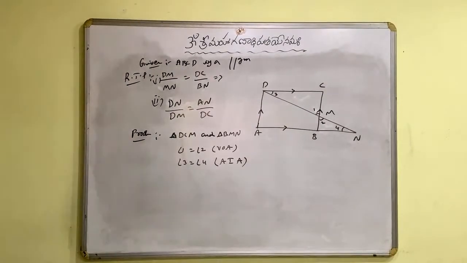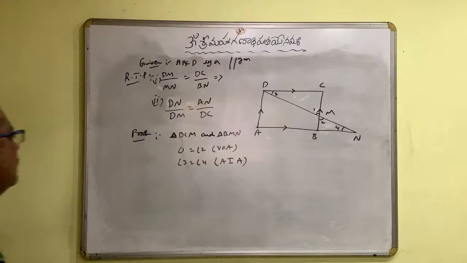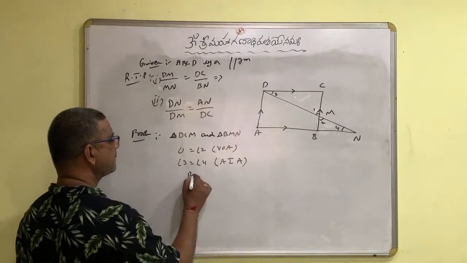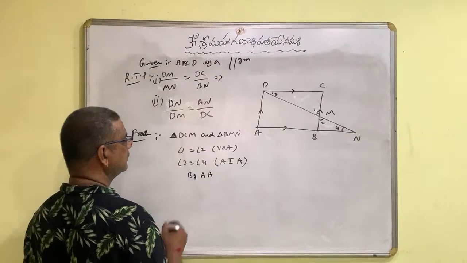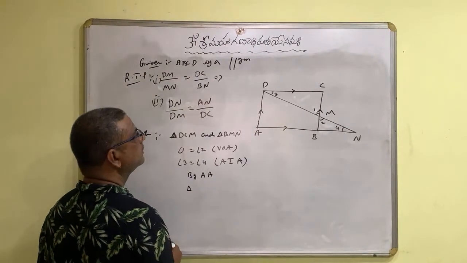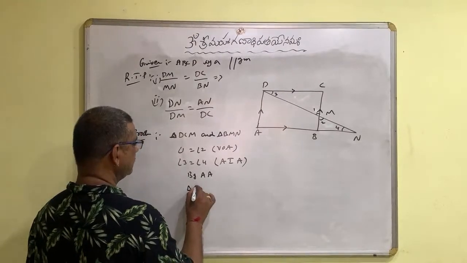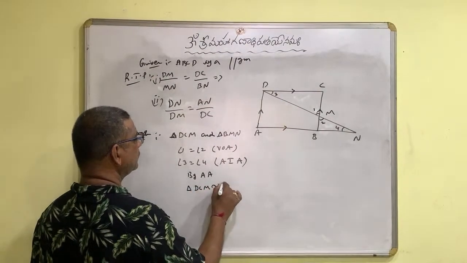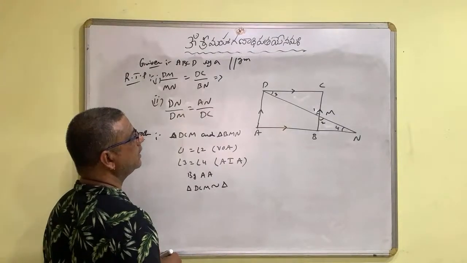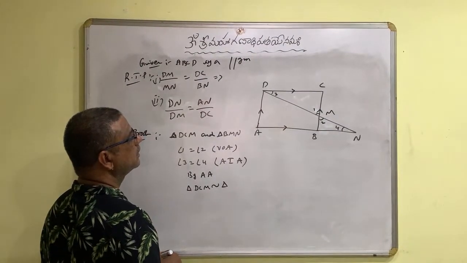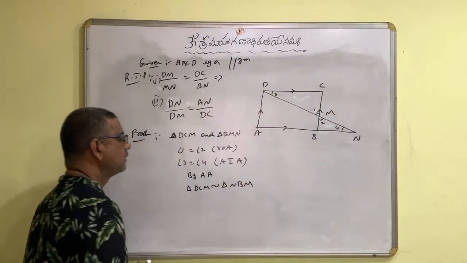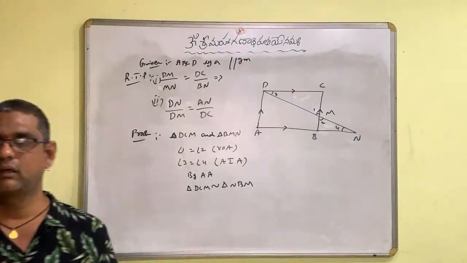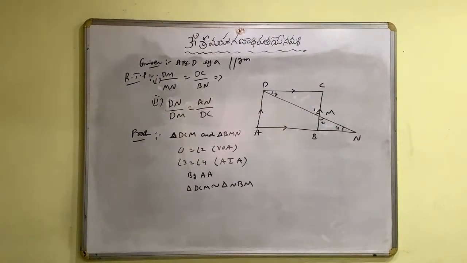Okay. Now, by AA similarity, triangle DCM is similar to triangle NBM. Okay.